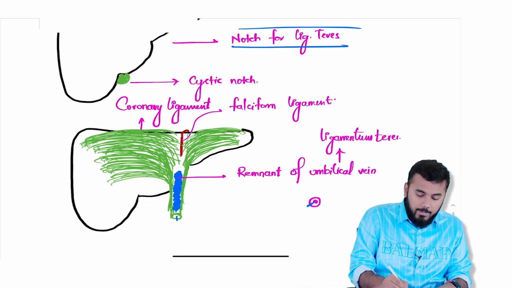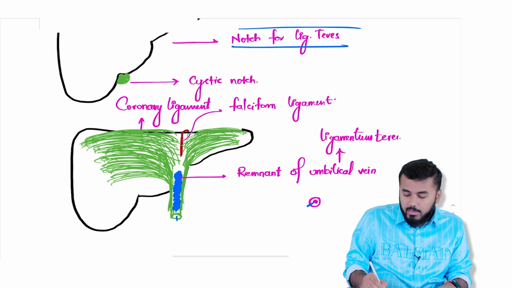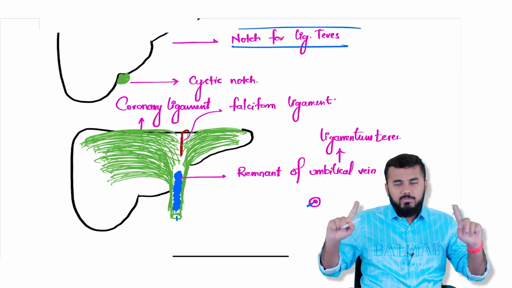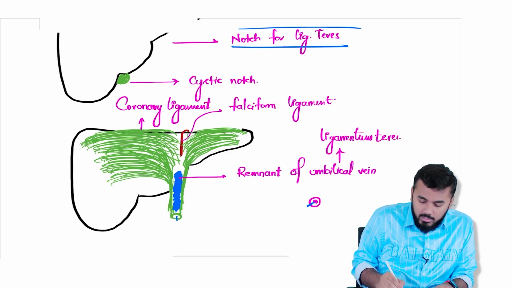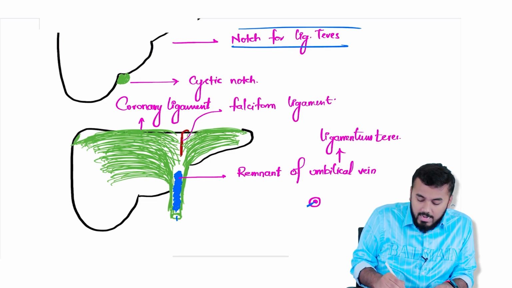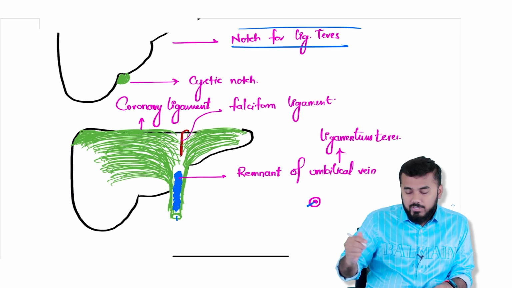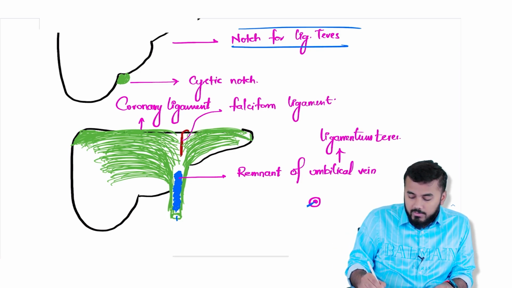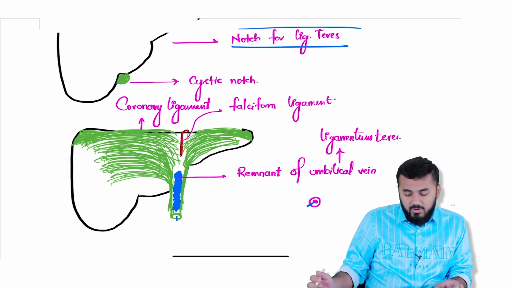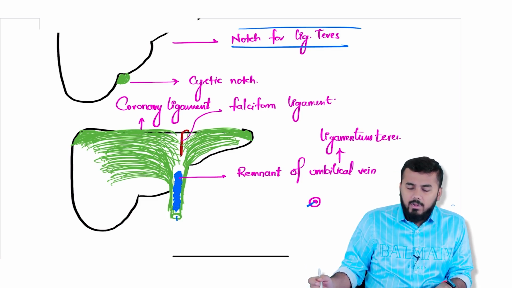Now this coronary ligament goes onto either edge, either side of the liver. It goes onto the right side of the liver and converts into a triangular shaped ligament. Even on the left side, it goes onto the left side of the liver and condenses into a triangular shaped ligament.